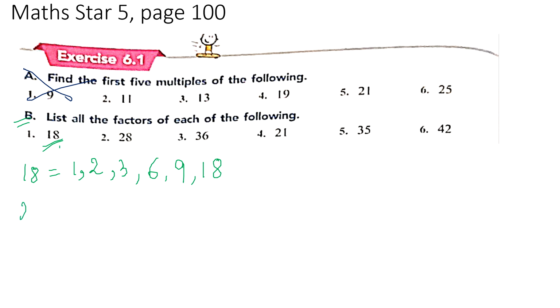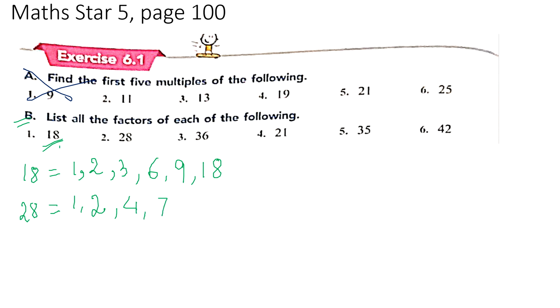So similarly check for 28. Is it in the table of 2? Is it an even number? Yes, it is an even number, so 2. Look at 3. 8 plus 2 is 10, not possible for 3. Then we have got 4. 28 is in the table of 4. 4 times 7 is 28, so 4 and 7, right?